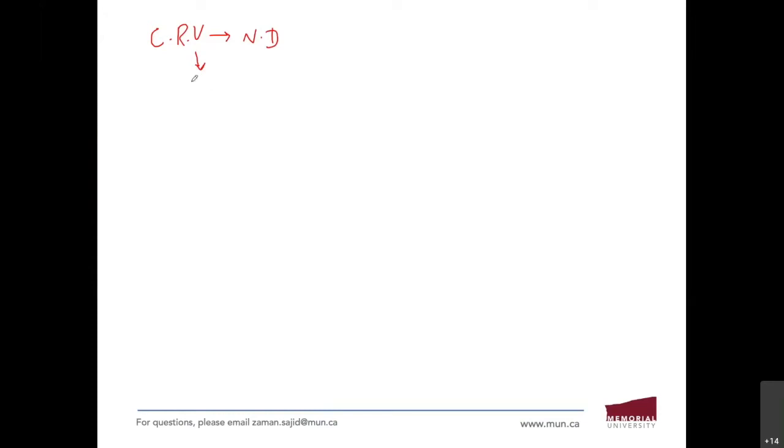The first one is the log normal distribution. So first we will define this log normal distribution, and then I will show you what are the PDF and CDF of this distribution.